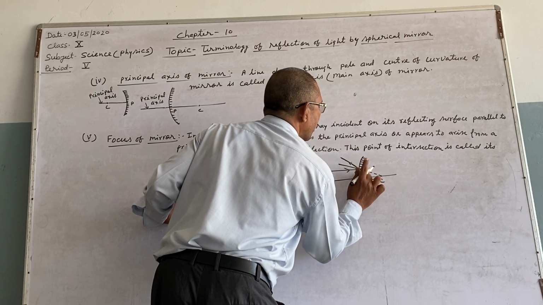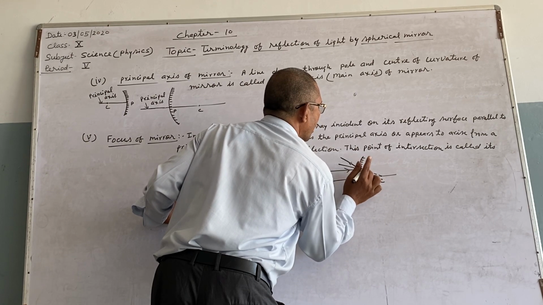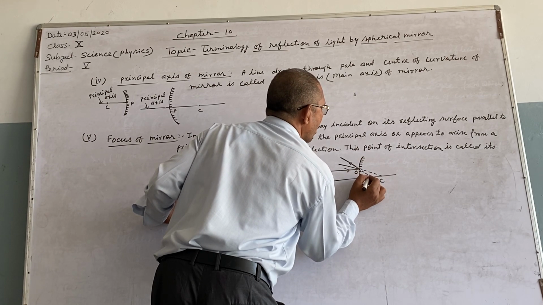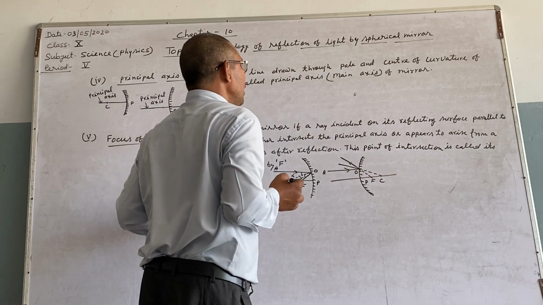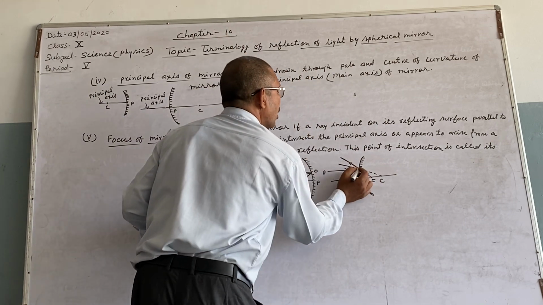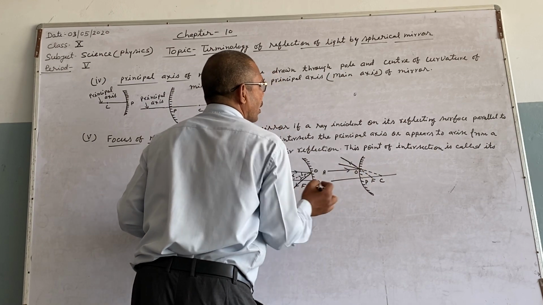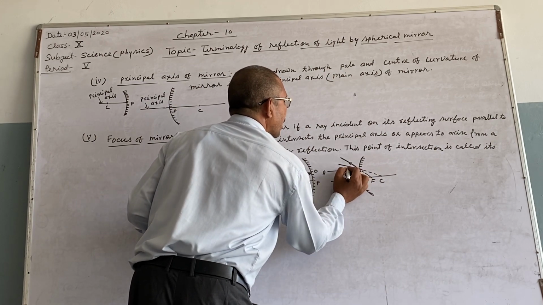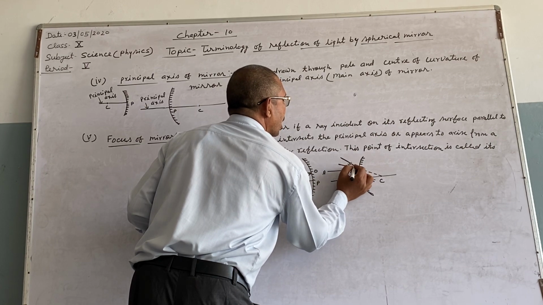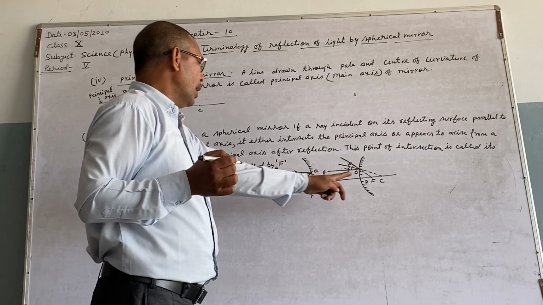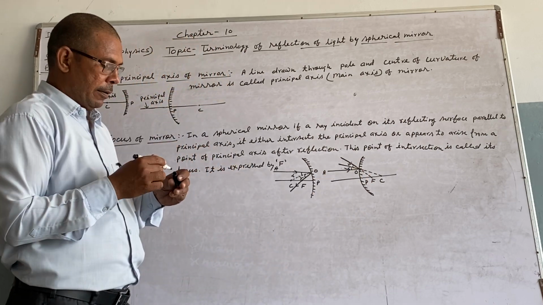This is point F, and this is normal. So angle I and angle R. In this way, you can draw the focus of the mirror.